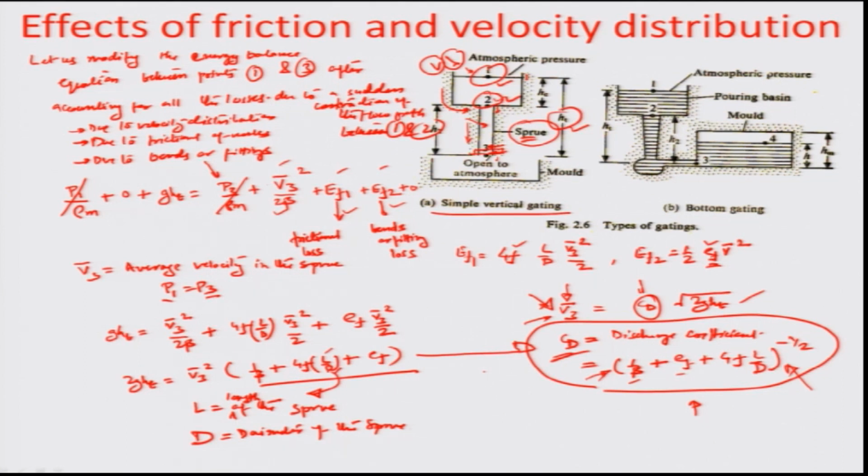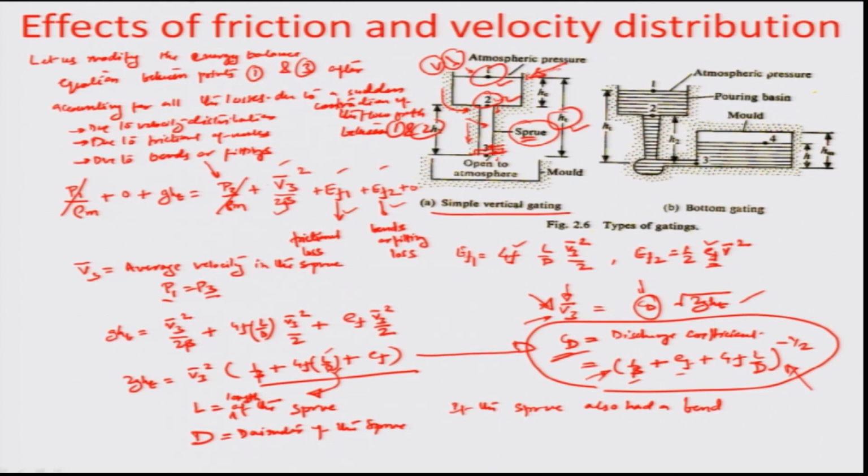So if supposing in this analysis we would have assumed a bend or a fitting, so if the sprue also had a bend apart from the normal contraction losses that you can see here, which is typically the case in most of the applications where you want to avoid putting all the metal on the top of the mold. Mold has a very fragile constitution, and is typically made up of a refractory material.